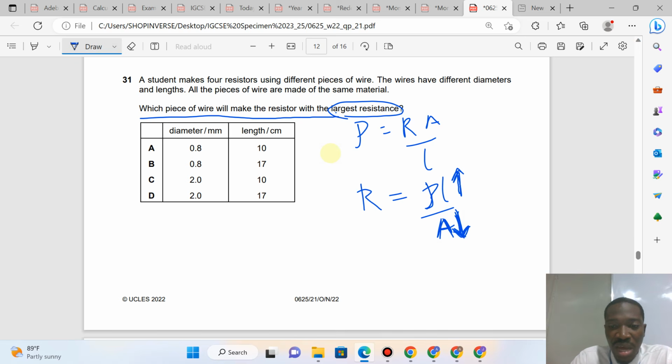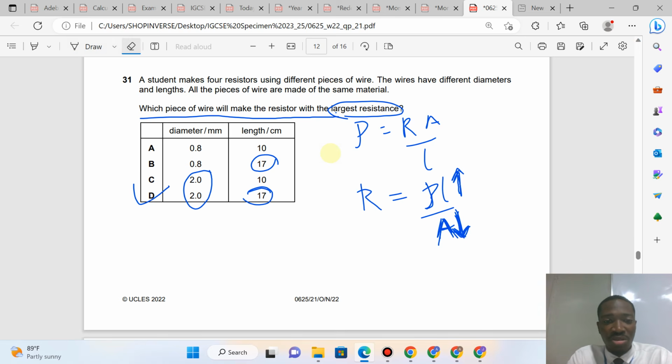So we want the smallest diameter and the biggest length. Option D gives us that, so option D is the correct answer.